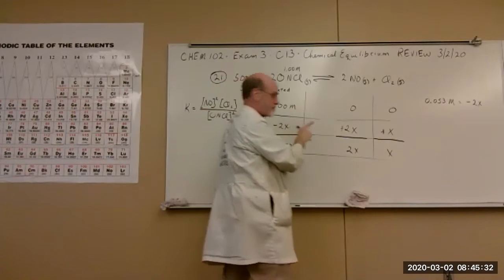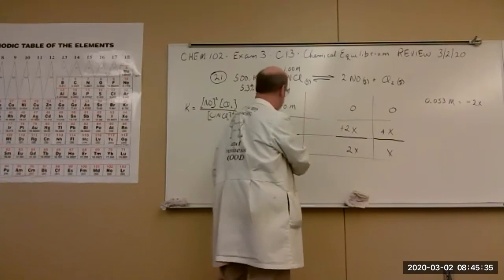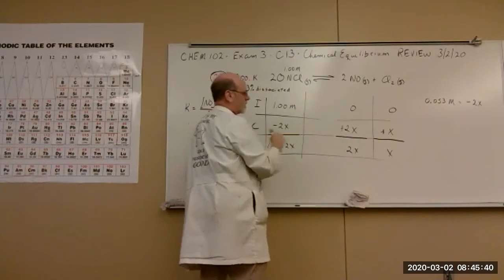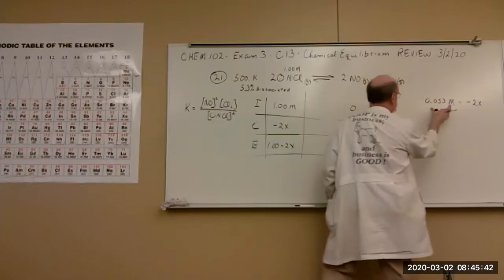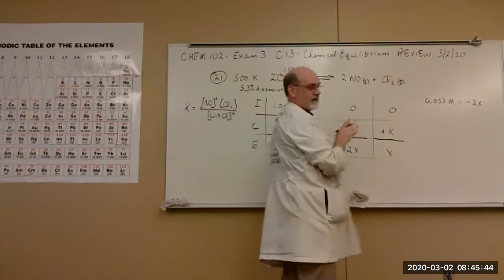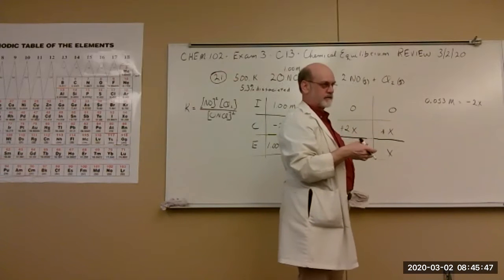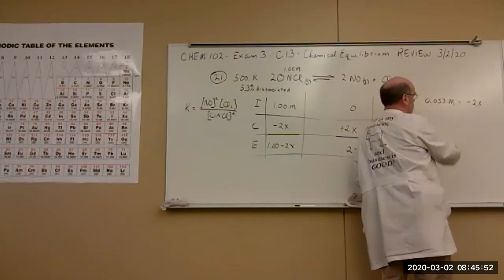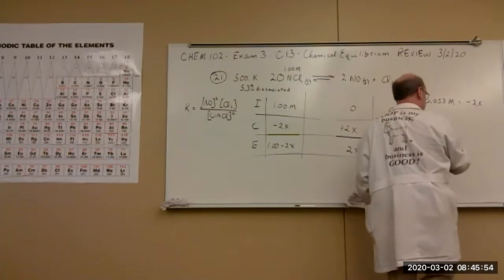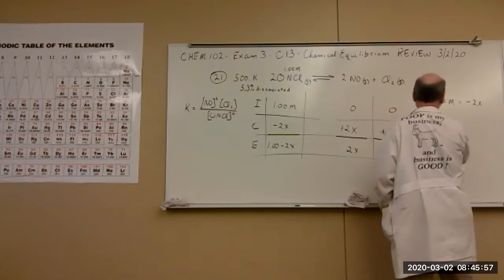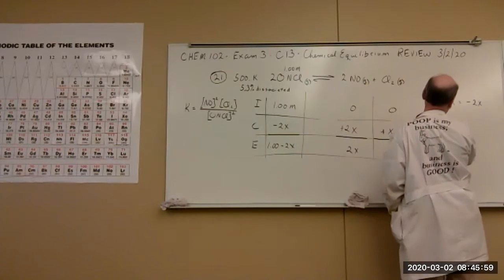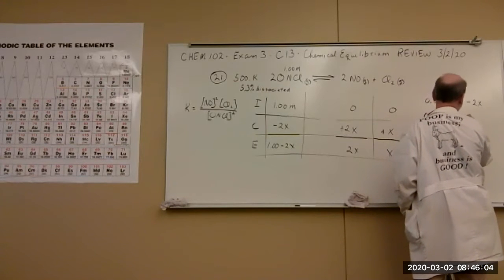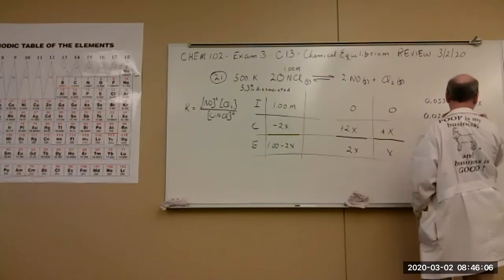So 5.3% is how much is lost right there. Yeah, 0.053. So this is the percentage of 1. Right, that's why I use 0.053. Because that's 5.3%. Is equal to minus 2x. So what's x? 0.0265 equals x.